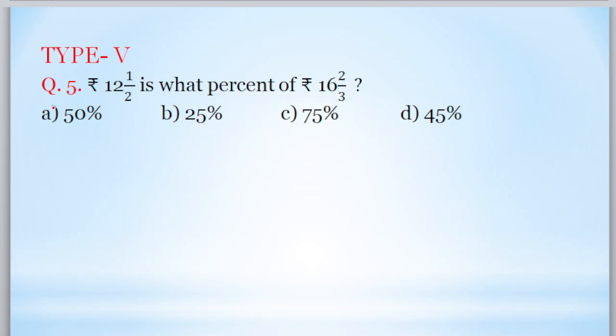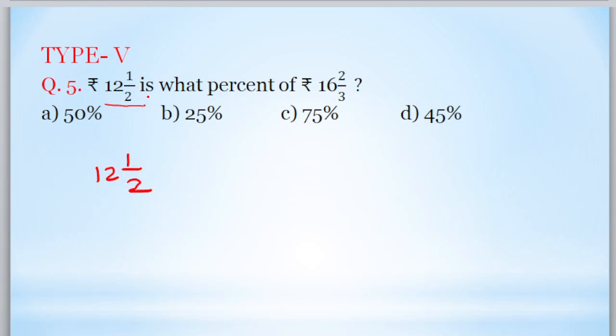Type 5, question number 5. Rupees 12 whole 1 by 2 is what percent of rupees 16 whole 2 by 3? Here it is written as 12 whole 1 by 2.